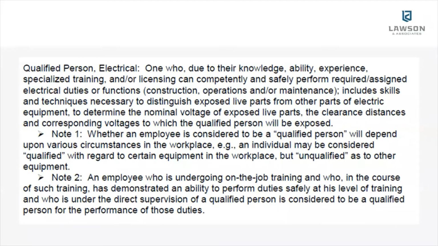Then the definition goes further with some notes for us, and it talks about how whether an employee is considered to be qualified depends on various circumstances. You could be qualified with certain equipment, but unqualified with regard to others, just like scaffolding. I could be a competent person for an aerial lift, but not for a tubular welded frame mobile scaffold, depending on my training and experience, right?